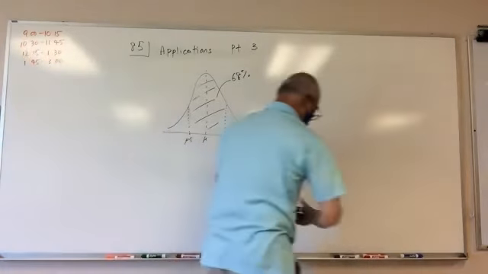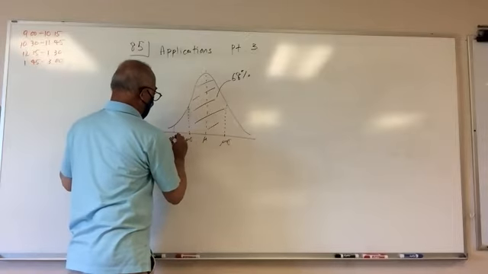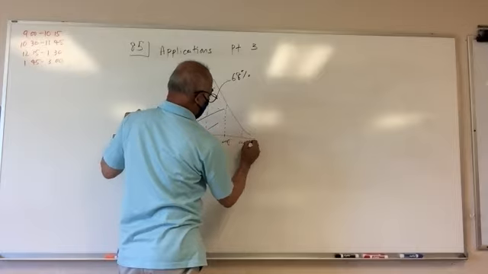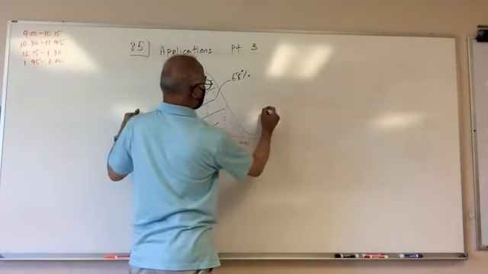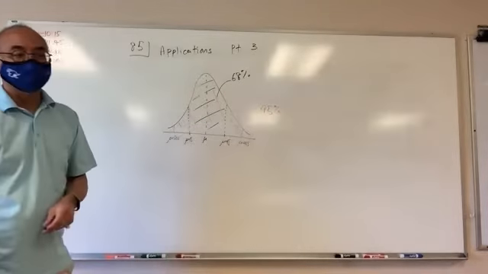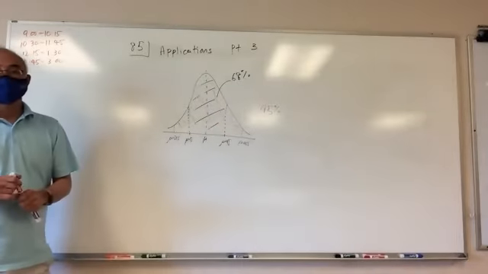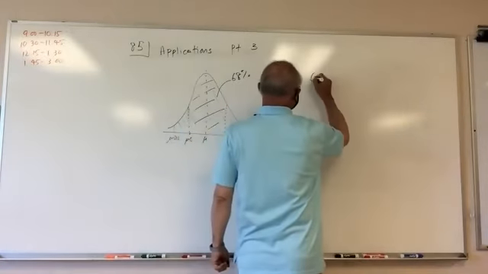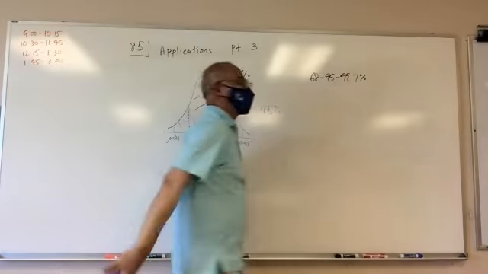If I go out 2 sigmas, mu minus 2 sigma to mu plus 2 sigma, this purple region is going to be 95%. We go out one more, it's going to be 99.7%. And that's exactly what the 68, 95, 99.7 rule means.